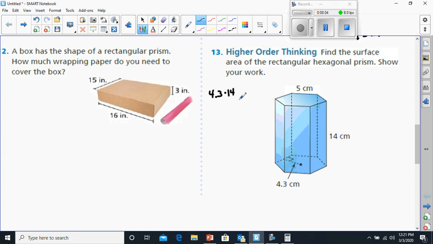And we're going to have to multiply that by 1, 2, 3, 4, 5, 6 sides. We know that because there's 6 sides up here. So 4.3 times 14 times 6 will tell us all the sides' area. Now we got to figure out this hard part up here, which is going to be the hexagon. And a hexagon has 6 sides to it.